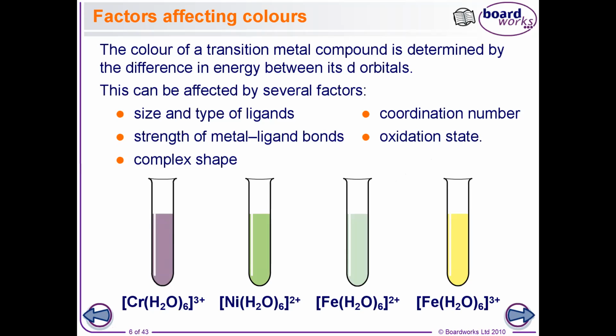So the color of the transition metal complex will be determined by the difference in energy between its d orbitals. And this will be affected by the size and type of the ligands, the strength of metal-ligand bonds, complex shape, coordination number, and the oxidation state.